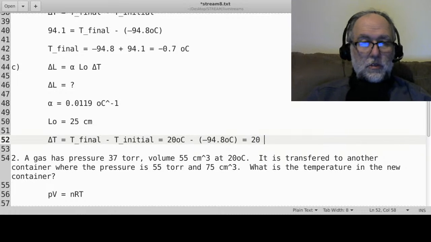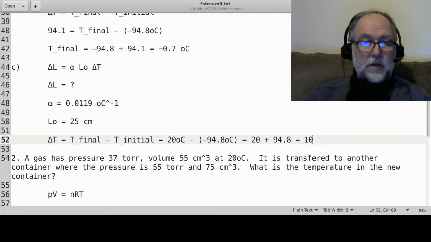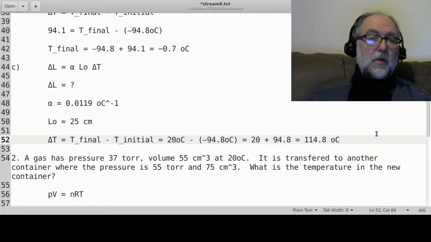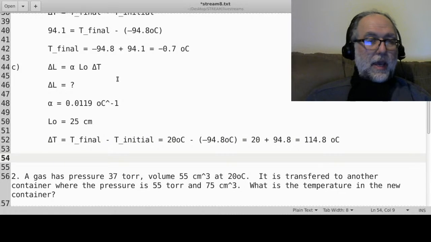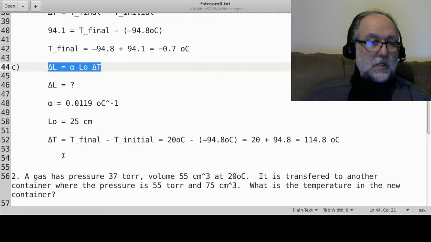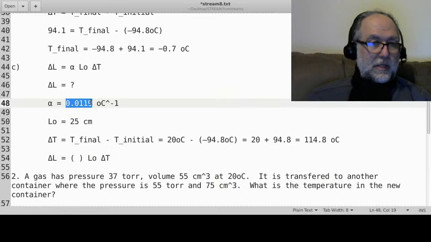That's going to be equal to 20 plus, because you've got a minus like that, you're going to get plus that, and that is going to equal 110 degrees Celsius, sorry, like that. So there's our delta T, and now I can calculate delta L using this equation there. For alpha, what am I going to put in? This number right there.